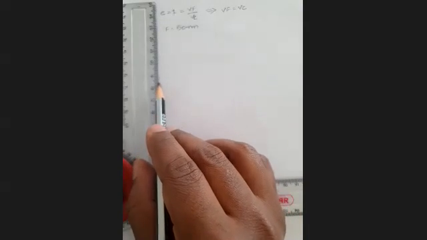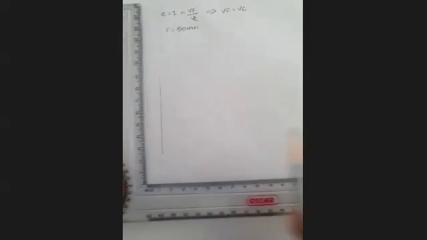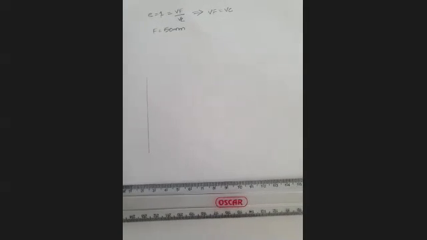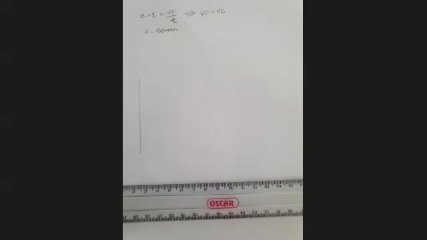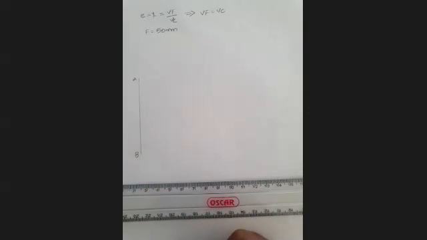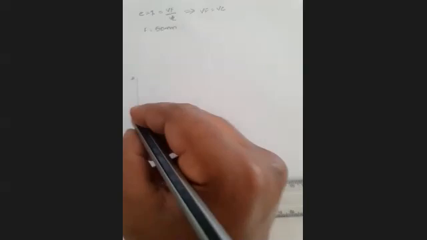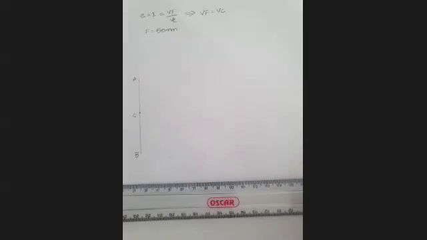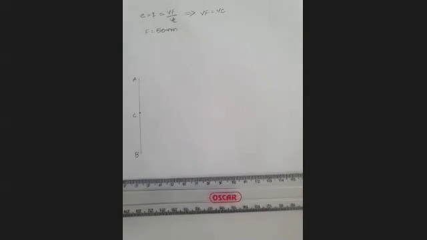Draw a vertical line of any length. The length is up to you. Now, after drawing the vertical line, name it AB. And on that vertical line, select a point C anywhere, right?